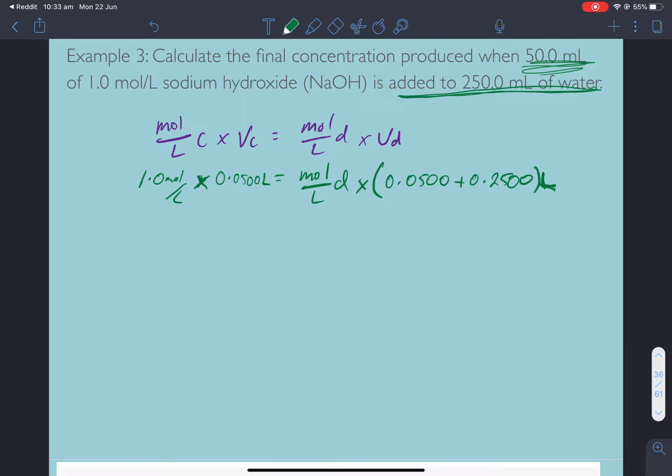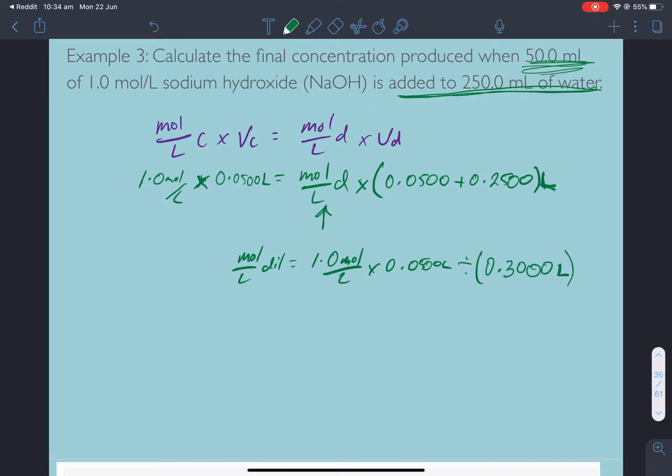So to find, this is our unknown, we're going to have to do a little bit of rearranging. Our concentration of our dilute is going to equal 1.0 moles per litre times the 0.0500 litres. Oh, I've gone too soon because I want a divided by in there. Divided by the volume, which was 0.3000 litres.